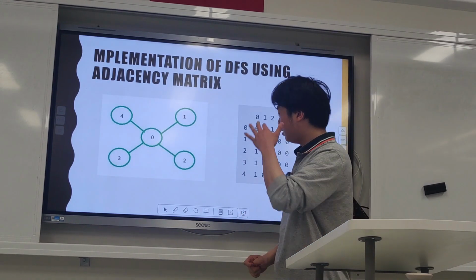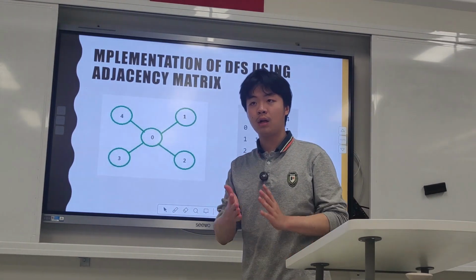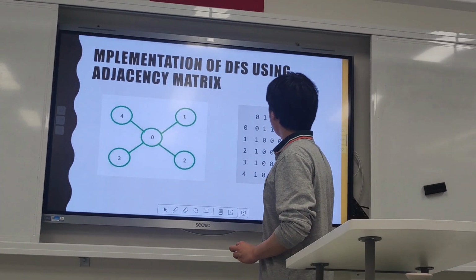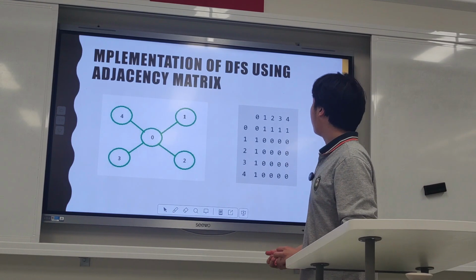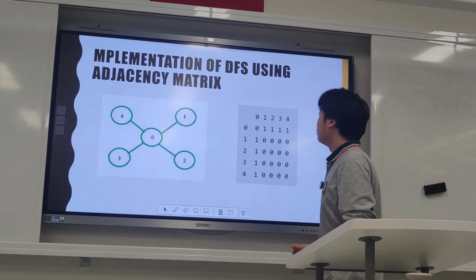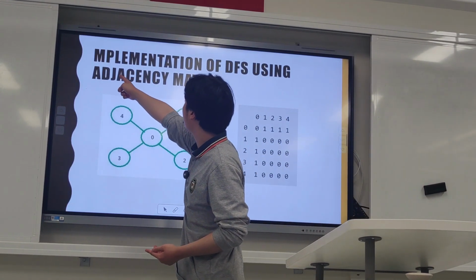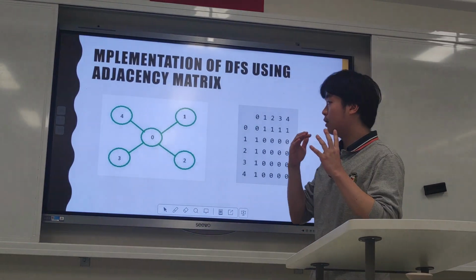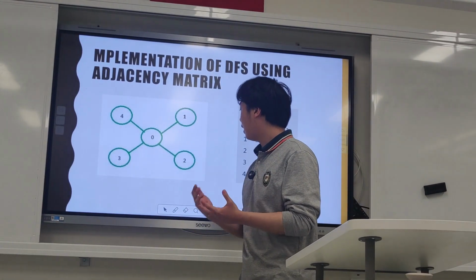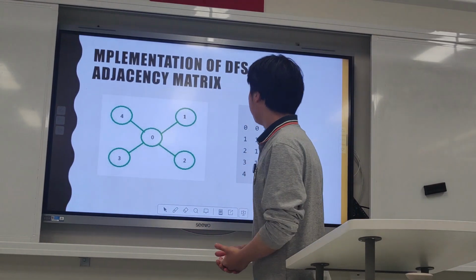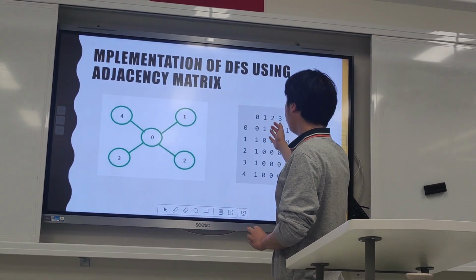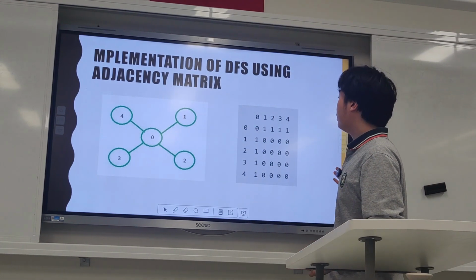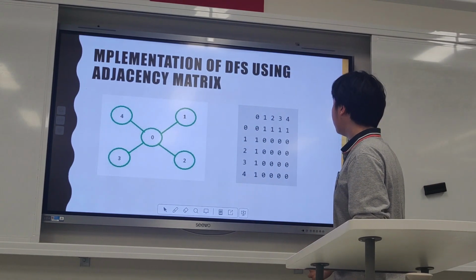Here we'll talk about some code for the implementation of DFS using the Java language. In our last activity, we talked about how to represent a graph in Java, using an adjacency matrix.